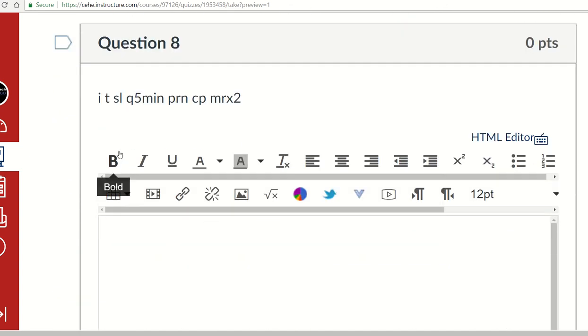Number 8, SL. That's going to be under the tongue. It stands for sublingual, but for patients, we want to make sure we use easy, simple English. So we'll place 1 tablet under the tongue every 5 minutes as needed for chest pain. May repeat 2 doses.